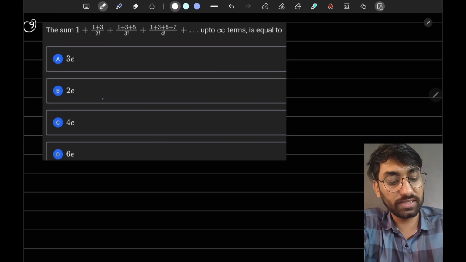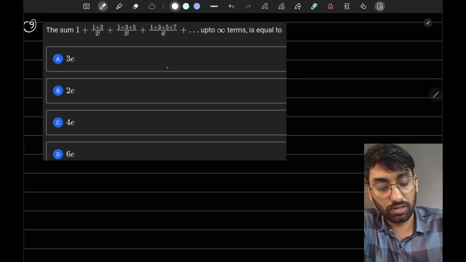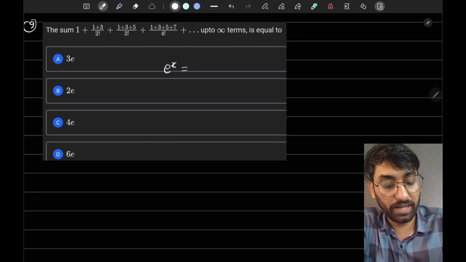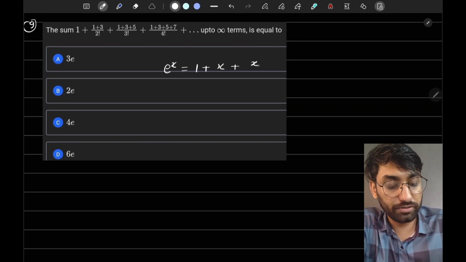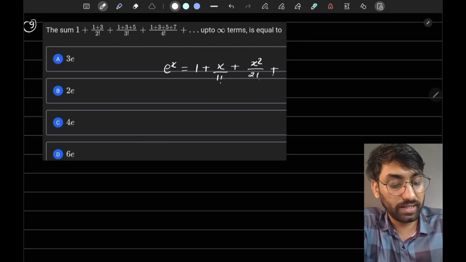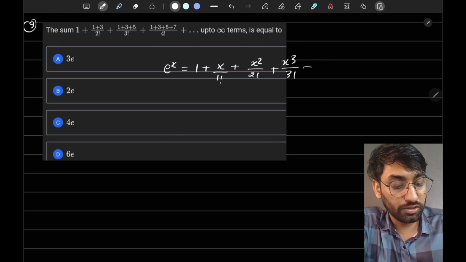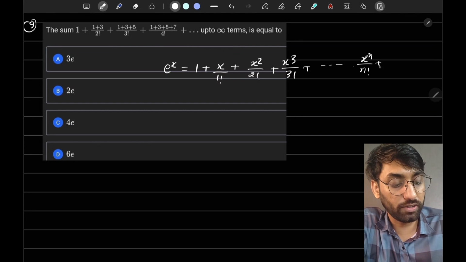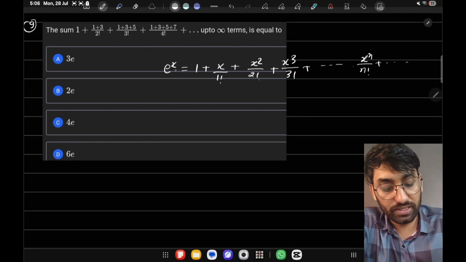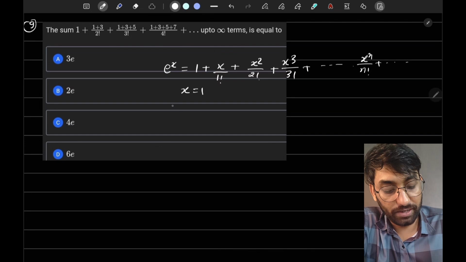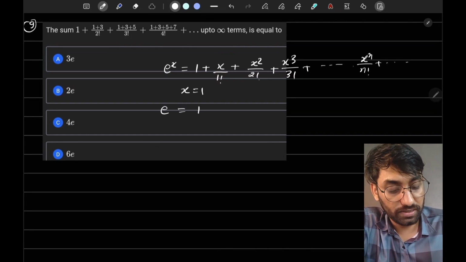So we understand that we have a series called e power x. This e power x behaves like 1 plus x by 1 factorial plus x square by 2 factorial, then x cube by 3 factorial and so on, and the general term is x^n by n factorial, and it goes continuously. Now if I substitute x equal to 1, I get e equal to 1 plus 1 by 1 factorial plus 1 by 2 factorial plus 1 by 3 factorial and so on.